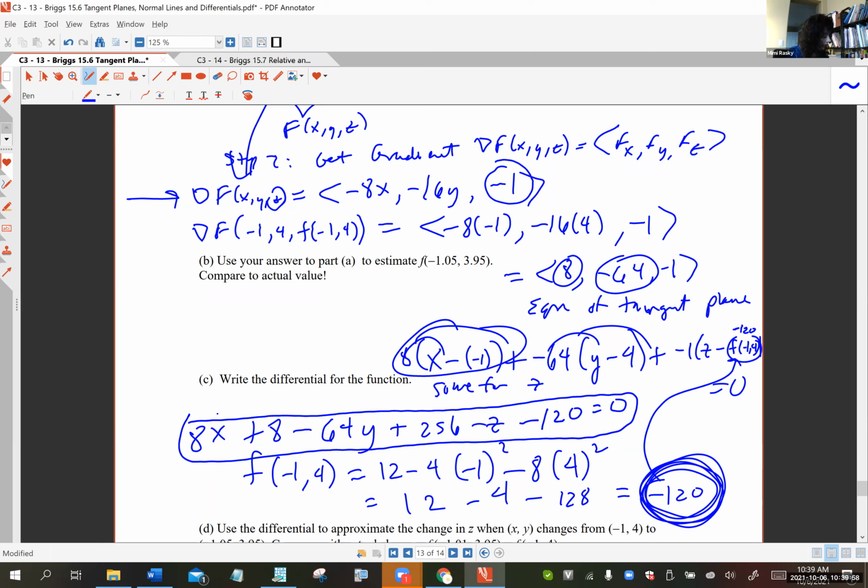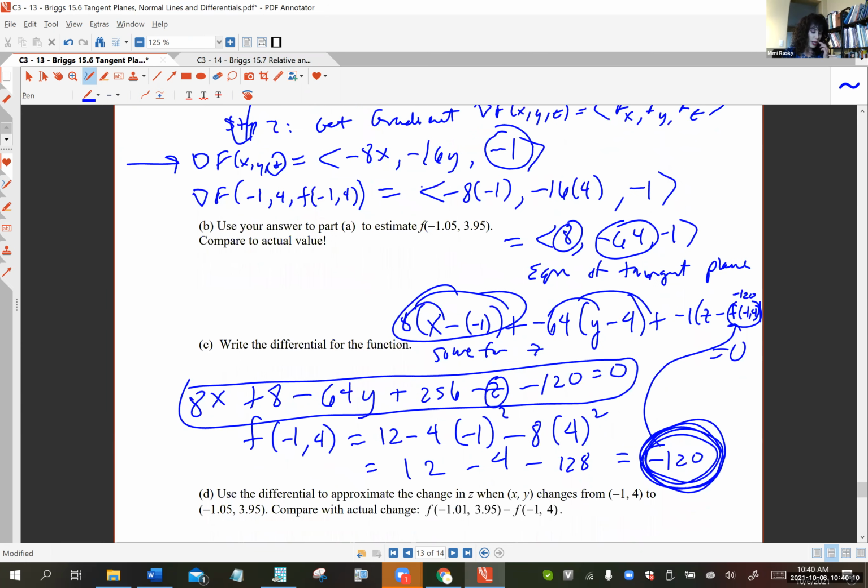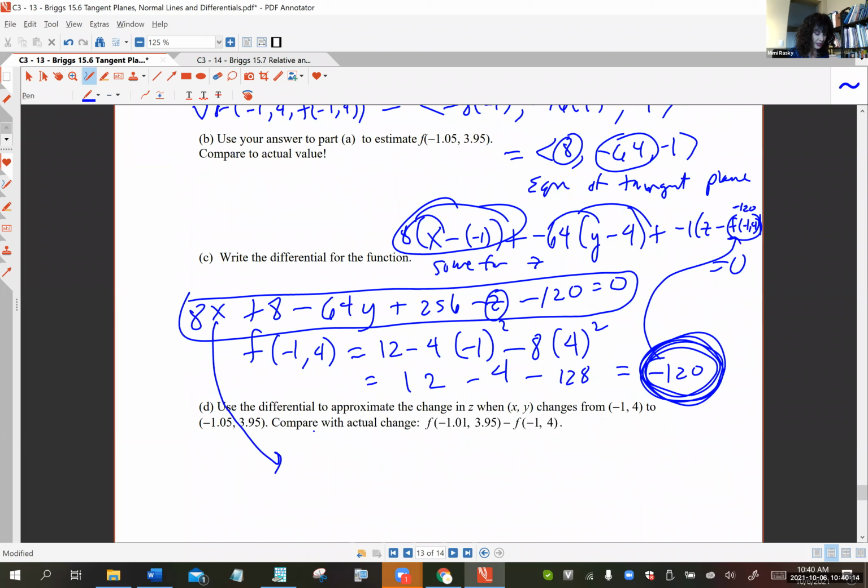But usually your MyLab math homework will want you to solve for z, and z is what they call big L of xy. That's your linear approximating function. So after I move everything around and solve it for z and clean it up, my L(x,y), my linear approximation function, which is your z, is 8x minus 64y plus 144.